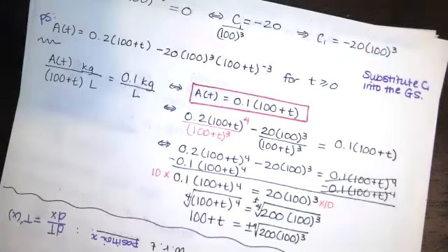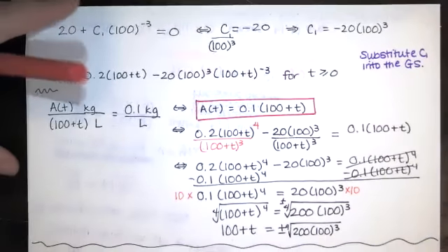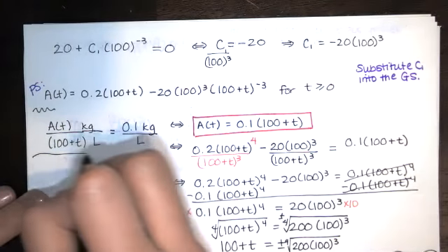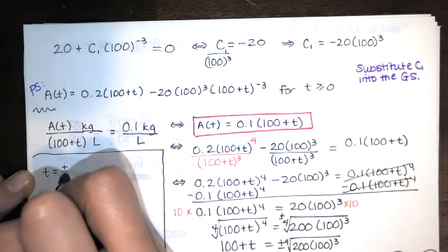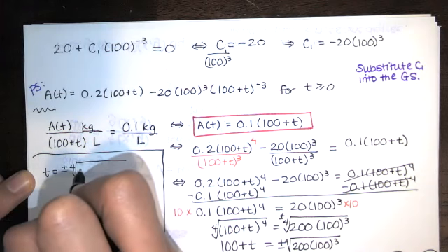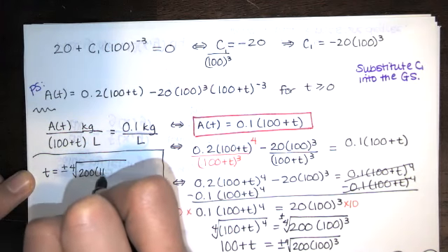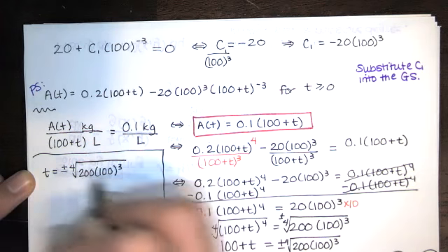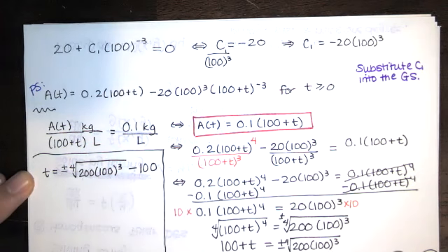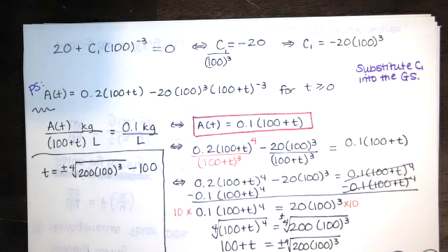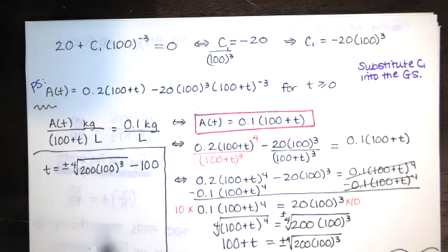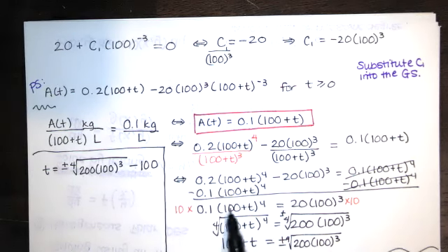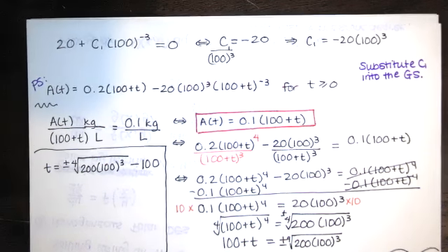Actually, I think I'll just stay here on this piece of paper. So we have t equals plus or minus the fourth root of 200 times 100 cubed minus 100. Now, normally I would have the plus or minus if I'm just solving this algebra problem, because a positive number or a negative number raised to the fourth would still give me the number over here, this 100 plus t to the fourth on the other side.